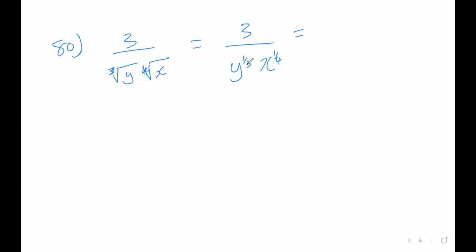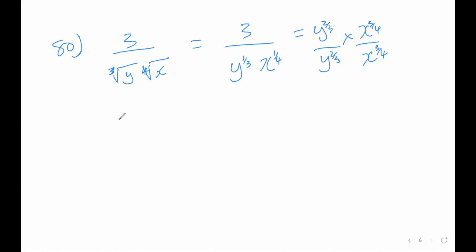Simply take 1 minus 1/3 and you get 2 over 3. So I multiply top and bottom by y to the 2 over 3. What do I need to add to 1 over 4 to get 1? Simply take 1 minus 1 over 4, which is 3 over 4. So x to the 3 over 4, x to the 3 over 4.